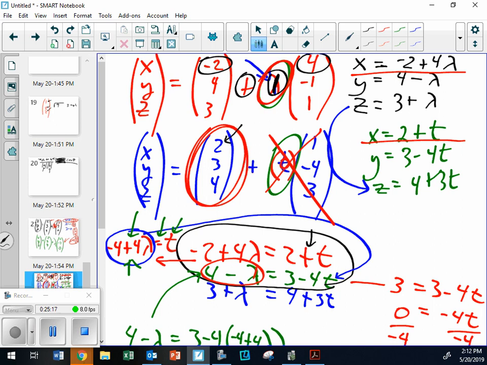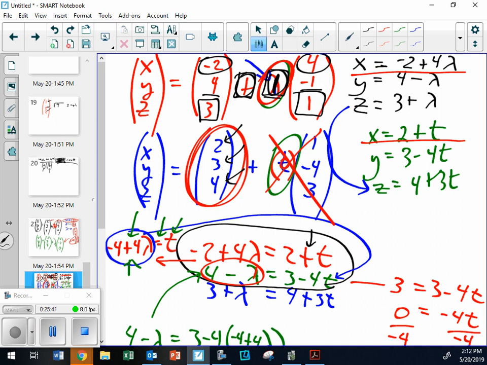Good sign. And then we'll put in 4 plus 1 times -1, and that's going to be 4 minus 1, which is 3. And I just have to check one more point. 3 plus 1 times 1, which makes 4. 2, 3, 4. They're both at the point 2, 3, 4.